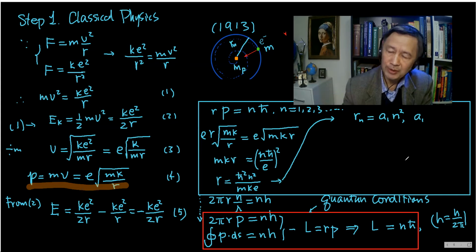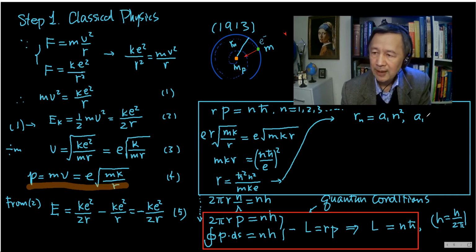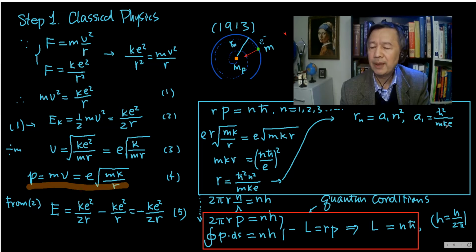We can put all the constants here, so a1 will represent all these constants: h bar squared over m k e squared. Of course, you can go further by rewriting this Coulomb constant k as 1 over 4 pi epsilon naught.